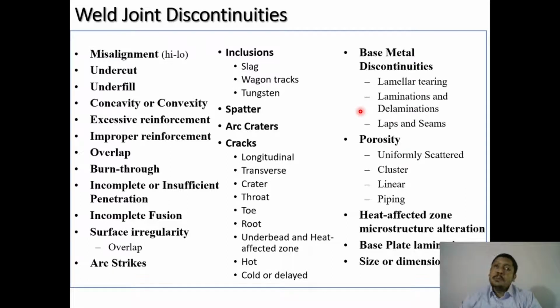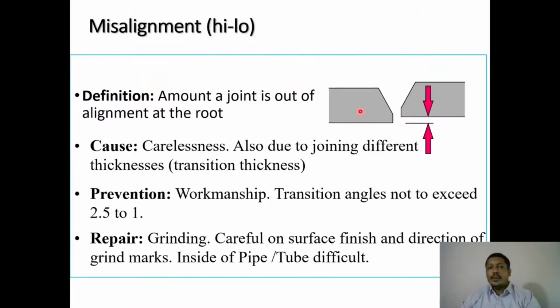So you have to properly take care of your material, your weld parameters, and your weld environment. If all these things are perfect, then normally the chance of defects can be minimized. We will see them one by one in a little more detail.